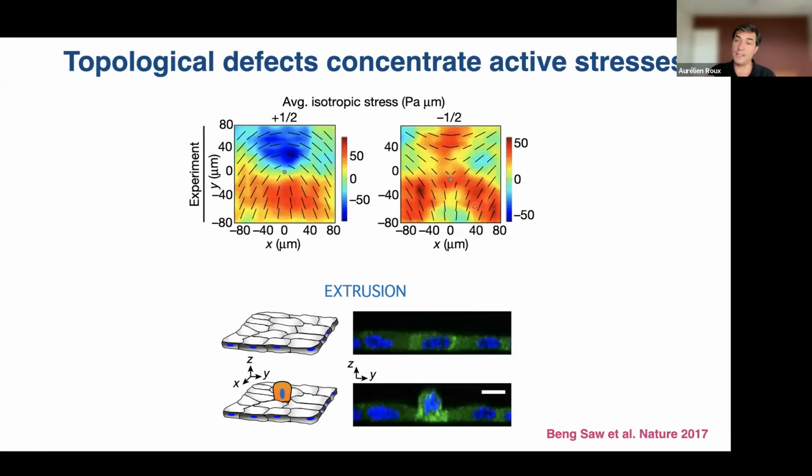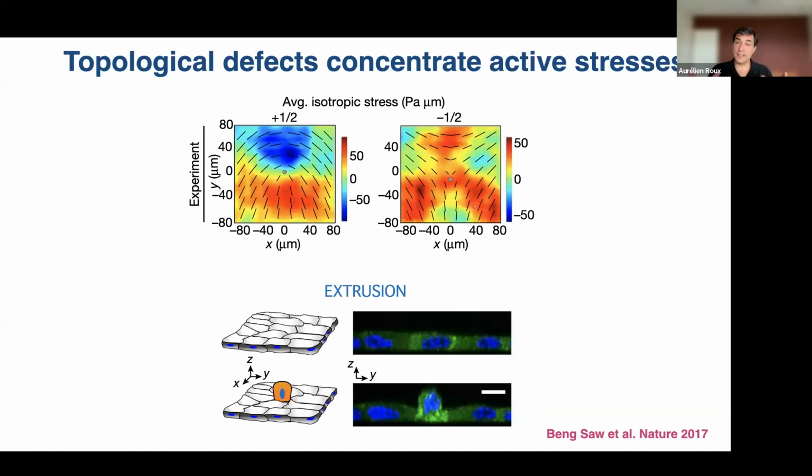What is very interesting in this paper from the Ladoux group is that the position of these defects has been linked to a phenomenon specific to cell monolayers, which is extrusion. So the fact that cells will be pushed out from the cell monolayer to reduce the number of cells is specifically associated with the position of defects. You have approximately a +50% increase in probability of extrusion at the defect position.